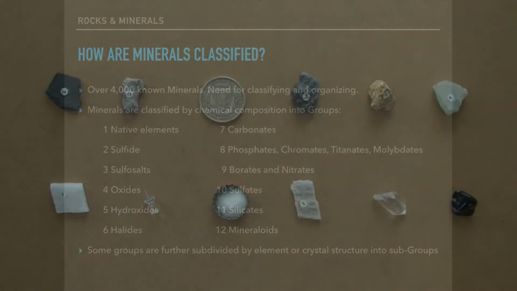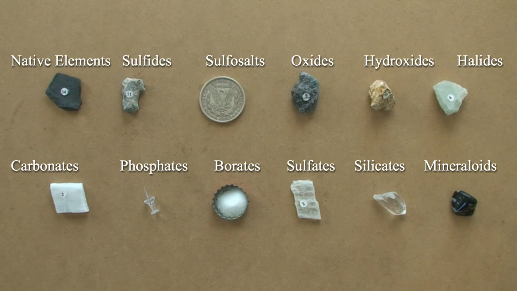It's sulfide, native elements, sulfates, oxides, hydroxides, halides, and number 7 I've got carbonates, then phosphates, chromates, titanates, and molybdates, then borates and nitrates, then sulfates, then silicates, and finally the last one is mineral alloys, which actually isn't a mineral. So that's the way we classify minerals.